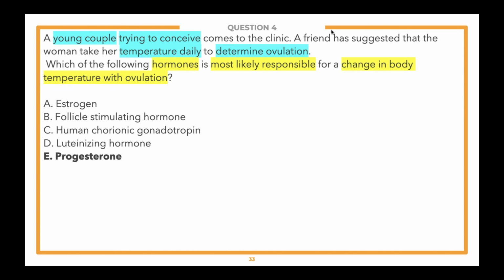And lastly, estrogen, that actually can potentially lower core body temperature. In states where you have low estrogen, like menopause, your body temperature can actually increase a little bit, and those are what are commonly referred to in lay terms as hot flashes. So estrogen actually is a little bit of the opposite here. The best choice here is answer choice E.